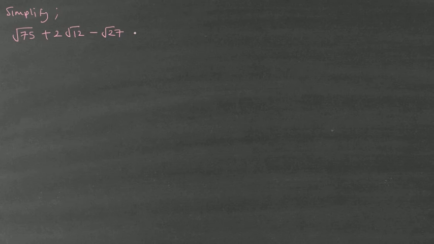So we can say this is equal to, simplify these surds: 75 is the same as 25 times 3, with 25 as a perfect square, plus 2 times root of 12, which is the same as 4 times 3, minus root of 27, which is the same as 9 times 3.